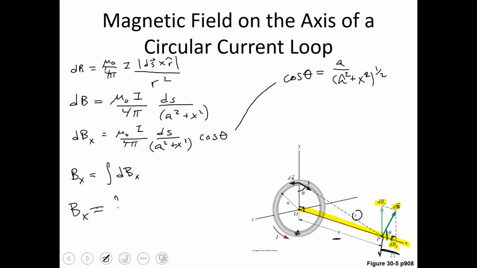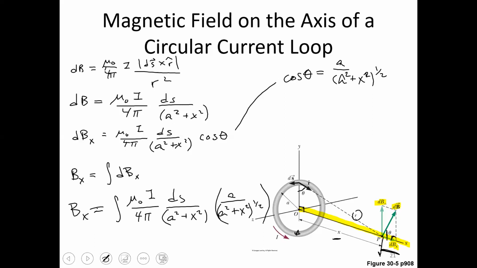When I do that, I have an integral that looks like mu 0 I over 4 pi, ds over a squared plus x squared, times a over a squared plus x squared to the 1/2, right?